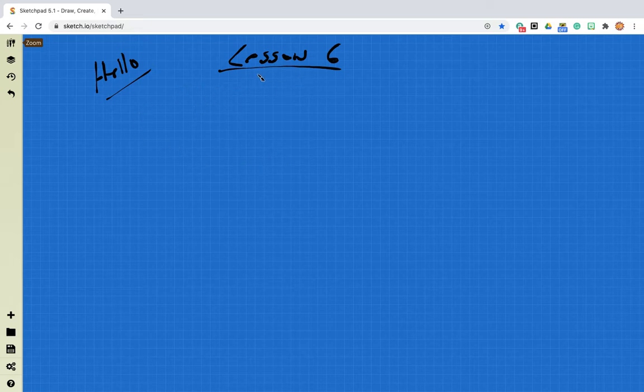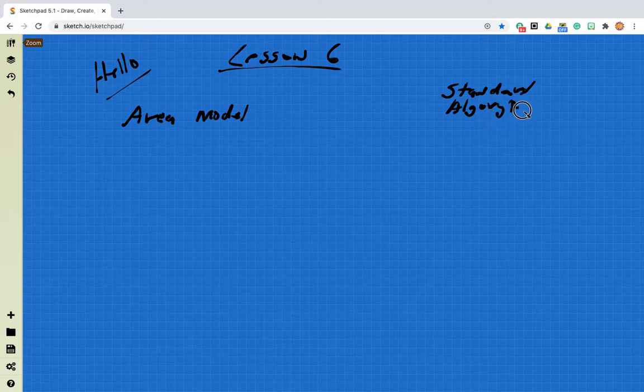Lesson 6 is a lot less like lesson 5. We're going to be doing things in both area model and standard algorithm. Algorithm.